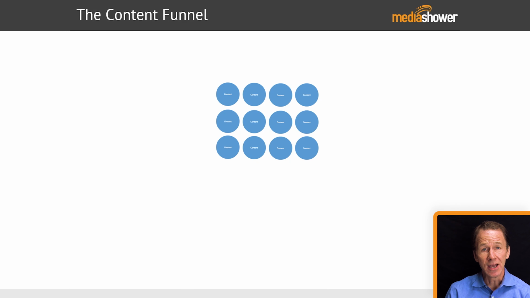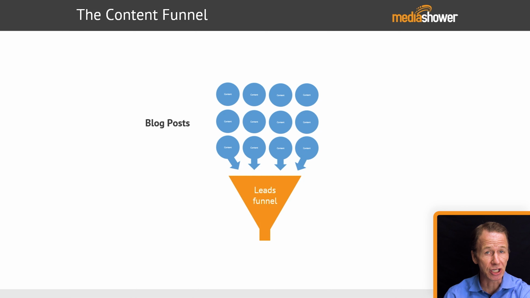First, we're going to talk about the content marketing funnel, which is where your calendar starts. Typically, you'll have many pieces of content on your website, usually in the form of blog posts. Those blog posts will be driving toward a call to action, which is some kind of form where people can put their email address in order to get a piece of bonus content, which we'll call a downloadable, such as an ebook.